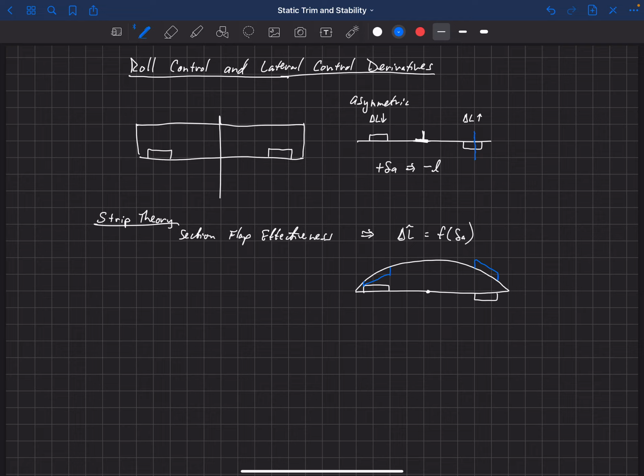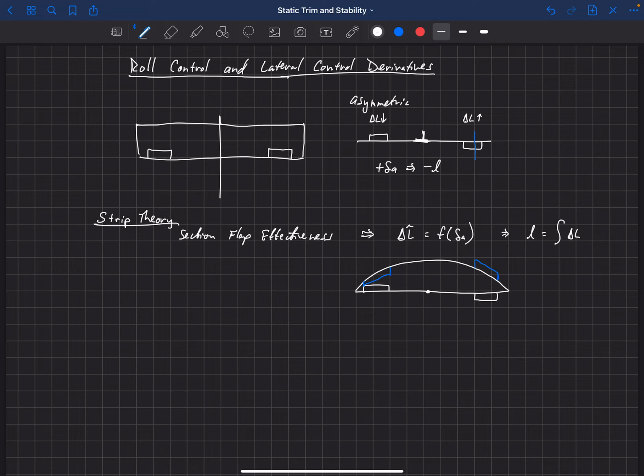And then all we would need to do is integrate that difference in lift. So we estimate that the rolling moment is the integral of the delta L that we get across the wing. On the right-hand side it's positive, on the left-hand side it would be negative for positive deflection.